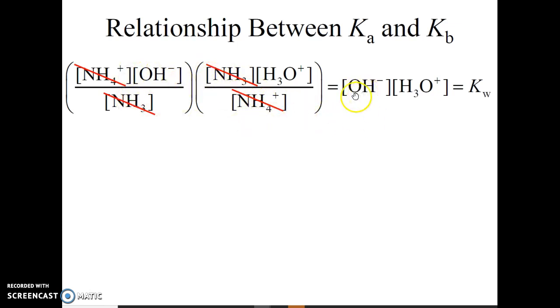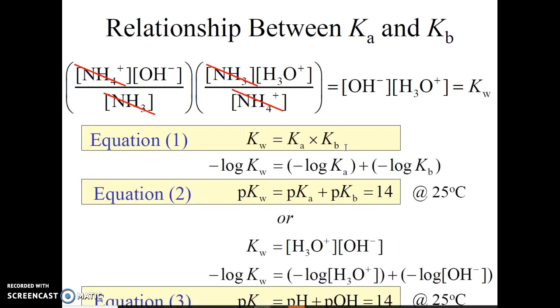And we end up with the concentration of OH- times the concentration of H3O+, or hydronium ion, and that we know already is equal to Kw, which we saw in the very first lecture on acids and bases.